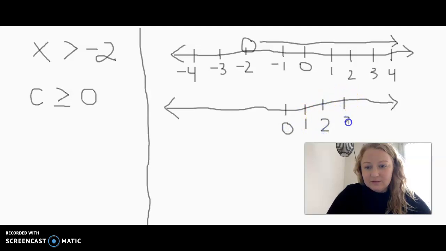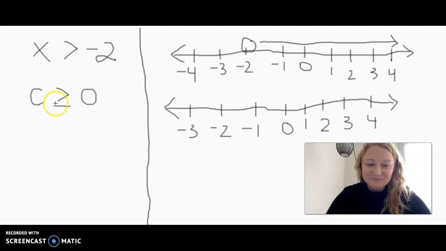Think of these answers in your head. Could c be 0? Could c be -1? Could c be 36?